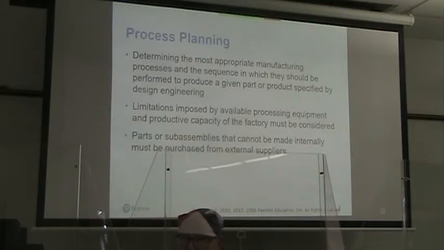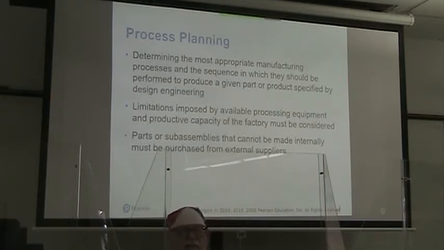Process planning we define as determining the most appropriate manufacturing processes and the sequence in which they should be performed to produce a given part or product specified by design engineering.